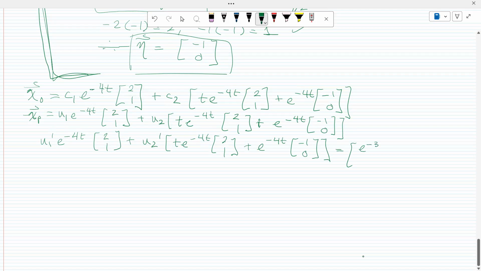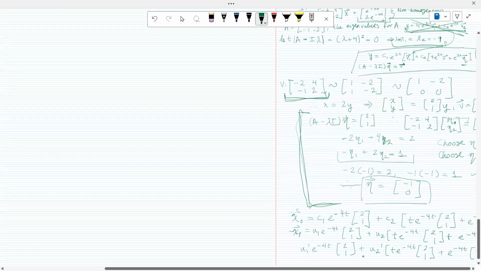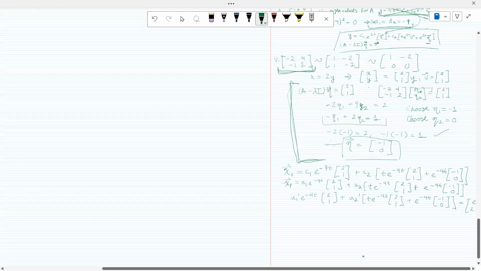So it would be e to the negative 3t and then 2e to the negative 4t. Again, it's from what we had up here.